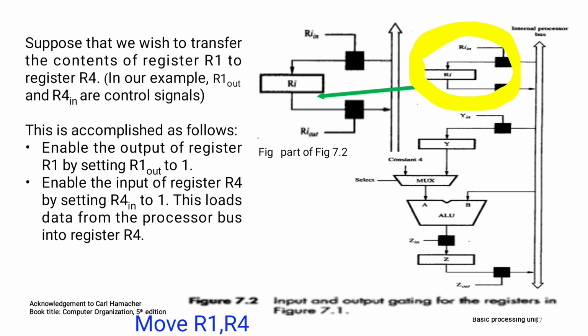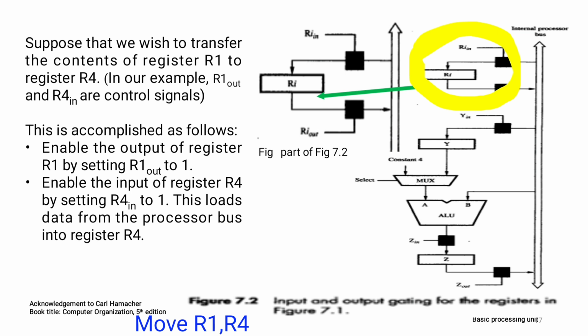So the R1 out control signal is needed. That is the first one. That is to be inputted to R4, hence R4 in is the other control signal. So move R1, R4, or transfer the content of register R1 to R4, is accomplished by the R1 out and R4 in control signals.